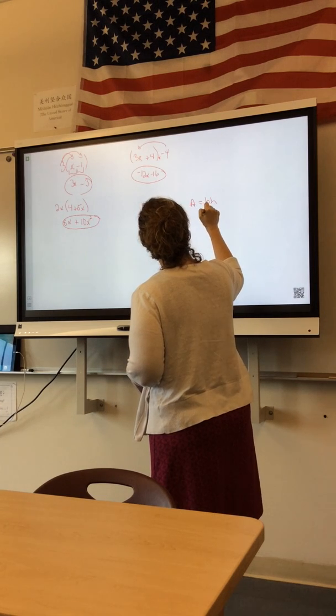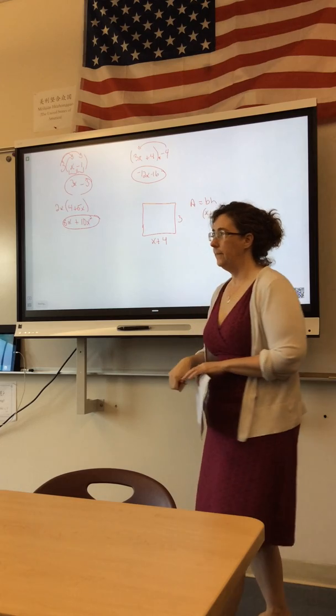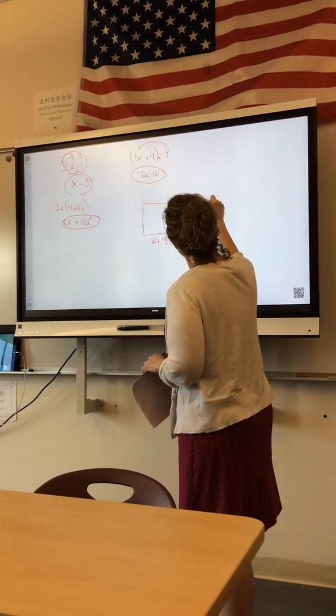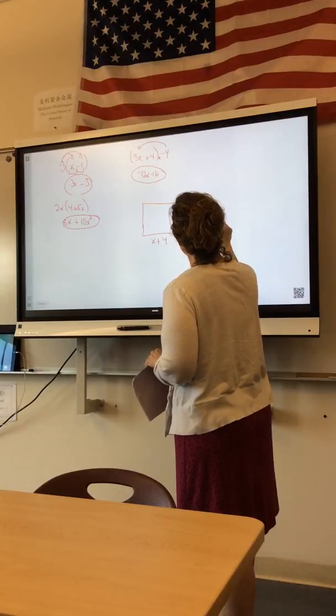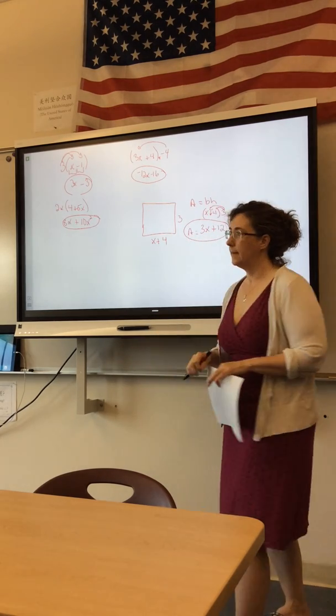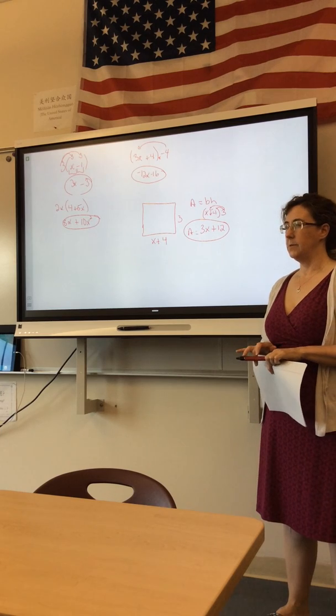My base is x plus 4 times my height, which is 3. And I can distribute in. 3 gets distributed into both of those, and I get 3x plus 12. That's my area. You guys remember that?